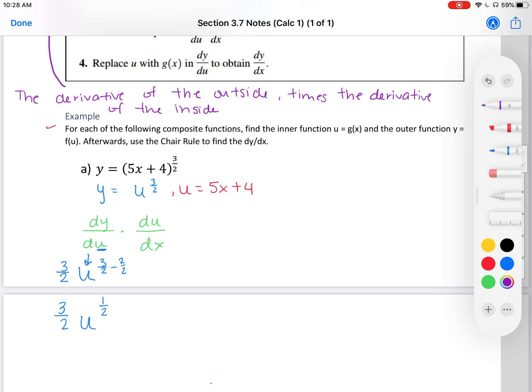And we're going to multiply by the derivative of u in terms of x. This is our u in terms of x. So the derivative would just be a 5, because the derivative of a constant is 0. So the derivative of 4 is 0. So there we have our derivative.